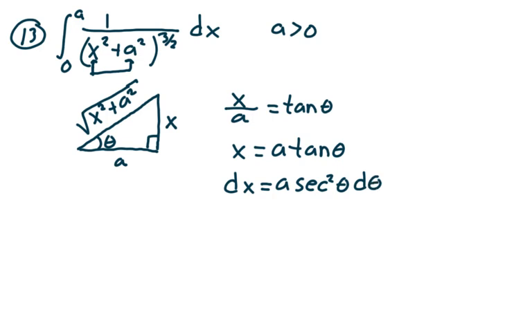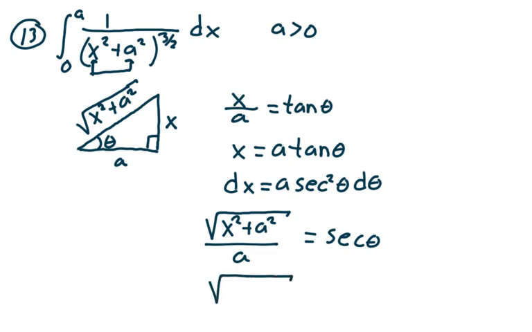Right now, if I take the square root of x squared plus a squared and I divide it by a, I get secant theta. If I multiply both sides by a, I get the square root of x squared plus a squared is a secant theta.